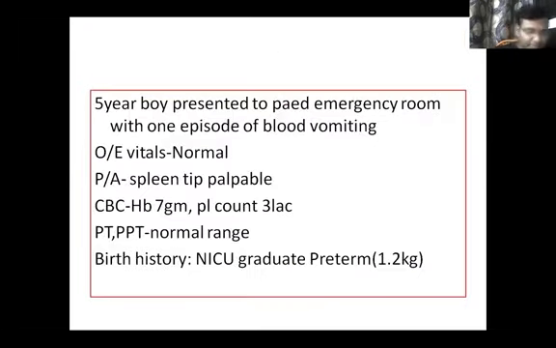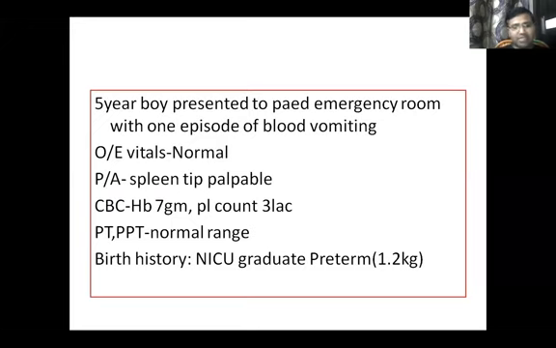See one more case. I am discussing neonates, but still I am putting a 5-year-old boy. He presented to the emergency room with only the first episode of bleeding, blood in the vomitus. On examination, vitals normal, maybe the pulse rate may be high because of the blood vomiting. Abdomen: the spleen is just palpable.